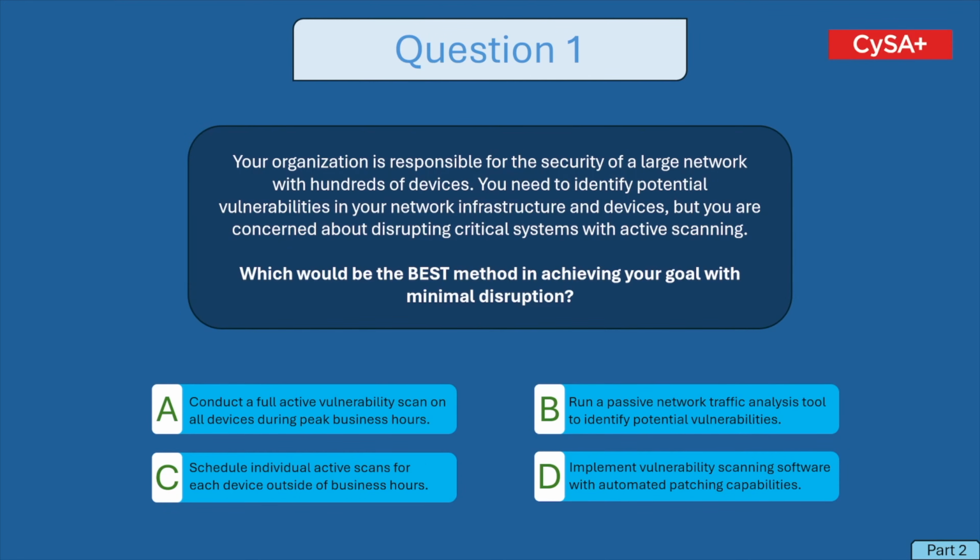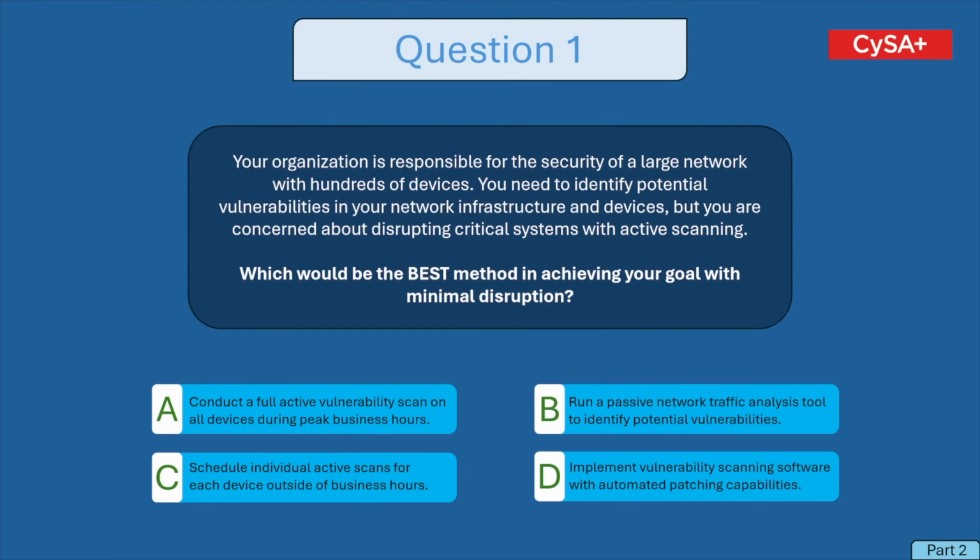A. Conduct a full active vulnerability scan on all devices during peak business hours. B. Run a passive network traffic analysis tool to identify potential vulnerabilities. C. Schedule individual active scans for each device outside of business hours. Or D. Implement vulnerability scanning software with automated patching capabilities.